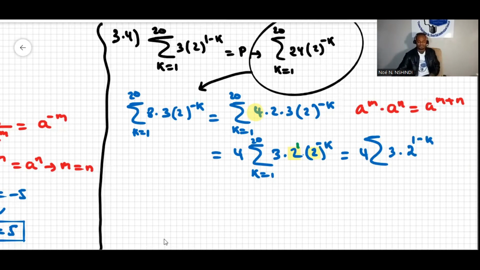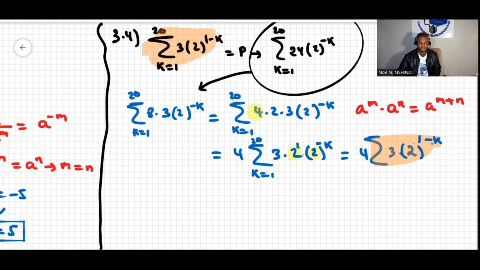So 2, okay, let me, yeah. So that makes 2 to the positive 1 minus k. So this is exactly what we have over here. Maybe I should change the color. This part here is exactly that.